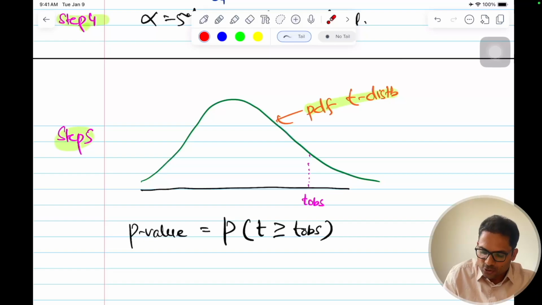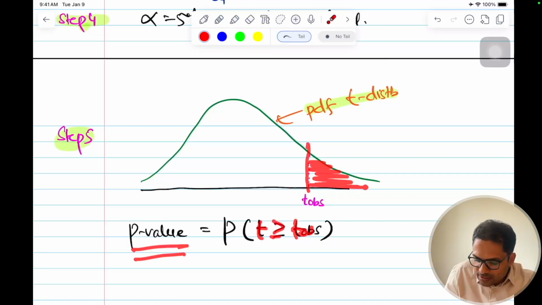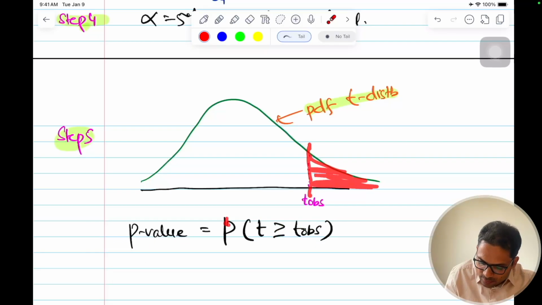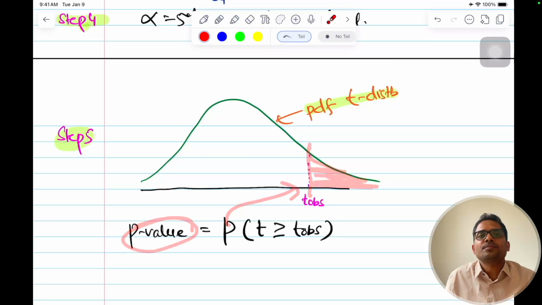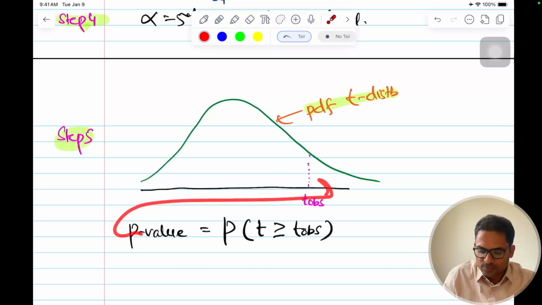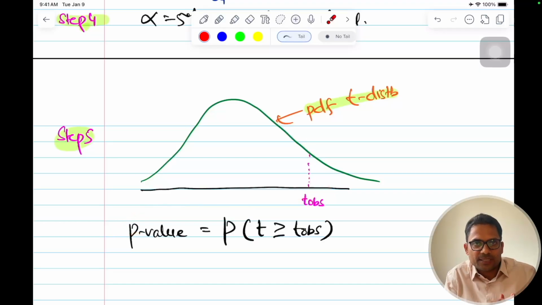So how will I find the probability of observing something greater than or equal to t observed? If I find the area under the curve which is there, that is the probability. This is my p value, the area under the curve greater than or equal to t observed. Okay, I hope this is clear.